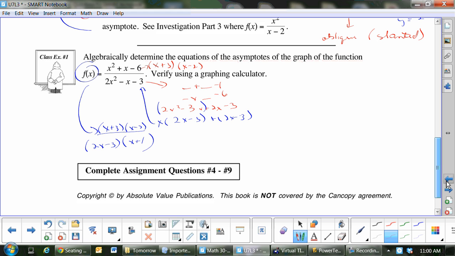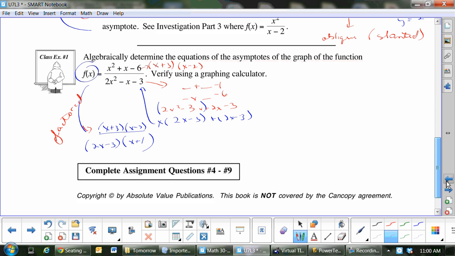Okay, so this is factored. That's what it would look like.